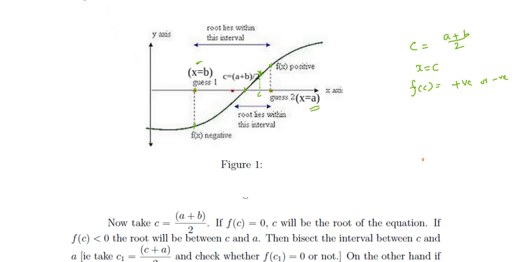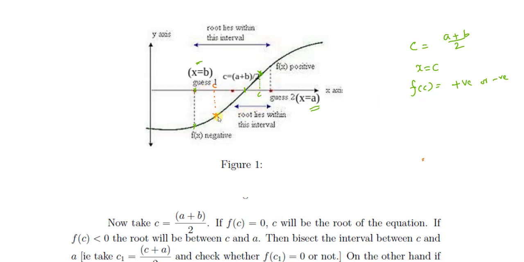Sometimes you may get a negative value for f of c, so then c will be here. Now, if f of c is positive, what you can conclude is that the solution lies between c and b.